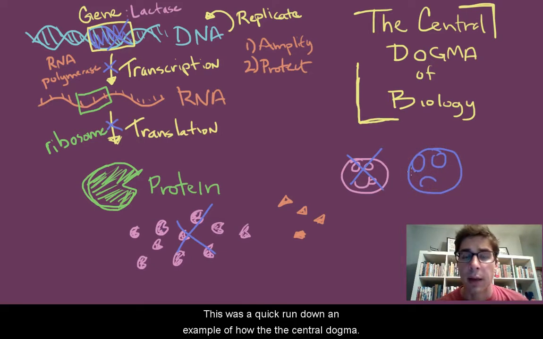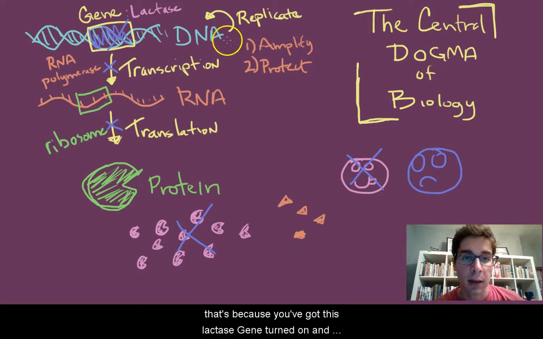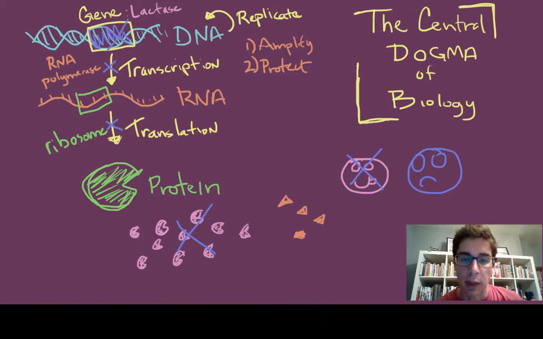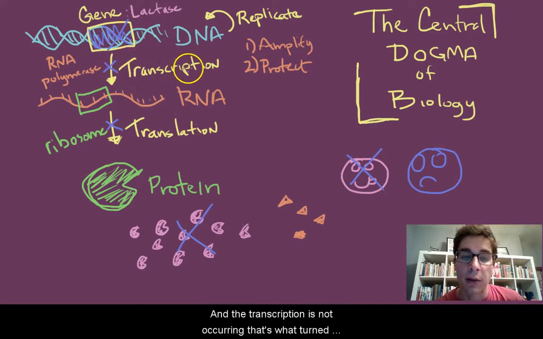So this was a quick rundown and an example of how the central dogma might have played a factor in your life already. If you can drink milk, that's because you've got this lactase gene turned on, and it's getting turned into RNA, and that RNA is getting translated into proteins. If you are lactose intolerant, that probably means that your lactase gene is turned off, and the transcription is not occurring.